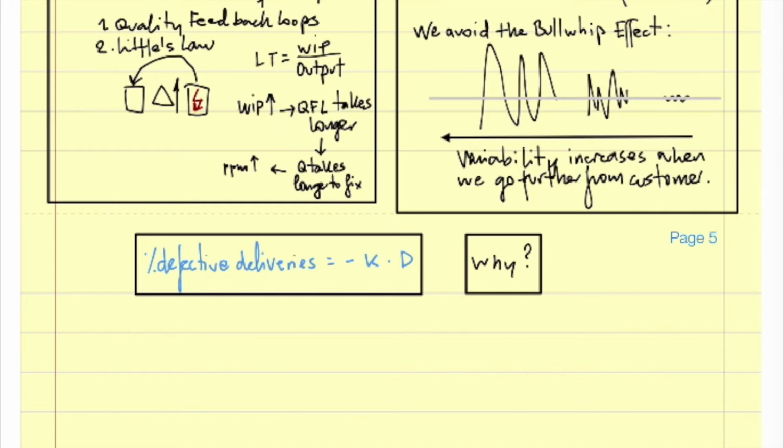Okay, so now we are going to represent the whole value stream. This is represented on page 26.